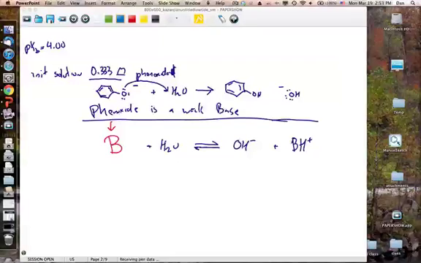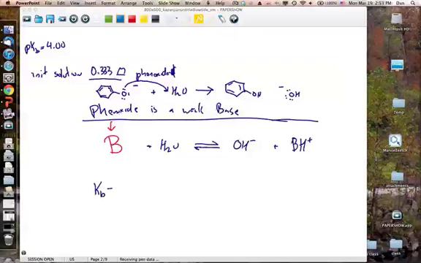If they give you a Ka or a pKa, treat it like a weak acid. Start your calculations like they're weak acid calculations. If they give you pKb, you might want to use the weak base equilibrium to be more effective.